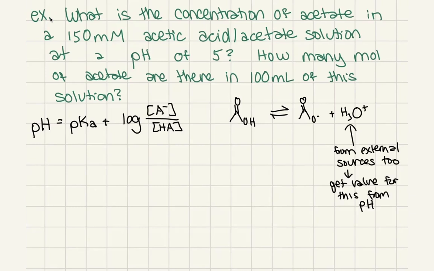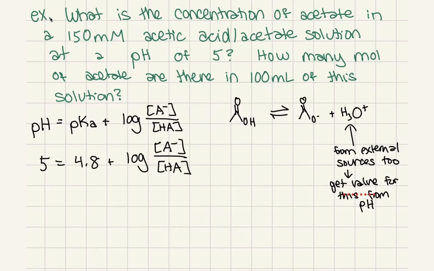If we use Henderson-Hasselbalch, all we have to do is say the pH, 5, equals the pKa, remember, this is our 4.8, plus the log of our conjugate base over our conjugate acid.